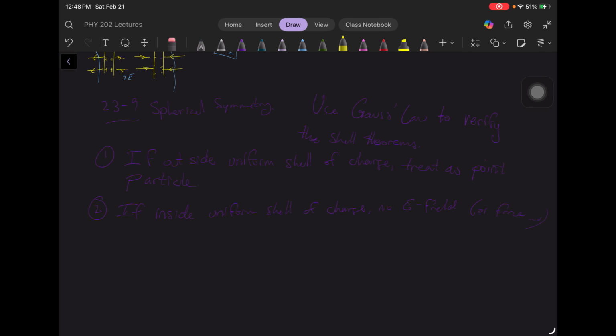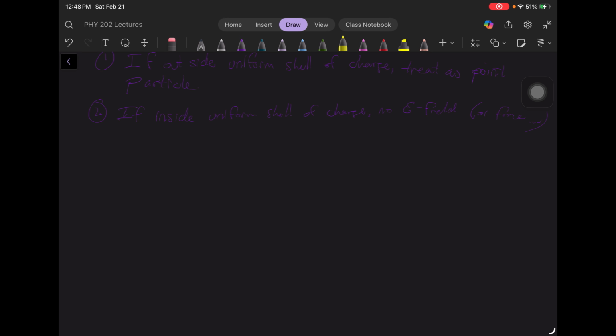And so let's say we have some ring of charge. All right, let's say there's a bunch of charge all distributed in this kind of a uniform thin shell, right? So I'm drawing it as a two-dimensional thing, but imagine this is 3D. And let's say this is all located at some distance r away from the origin.